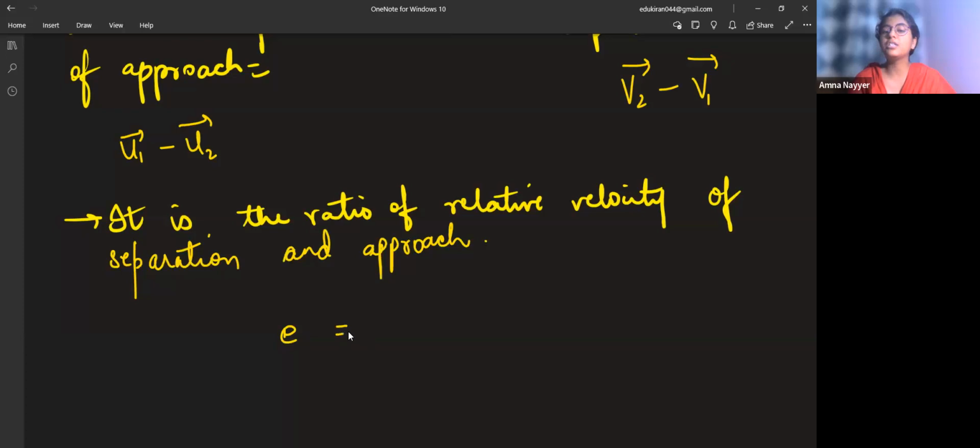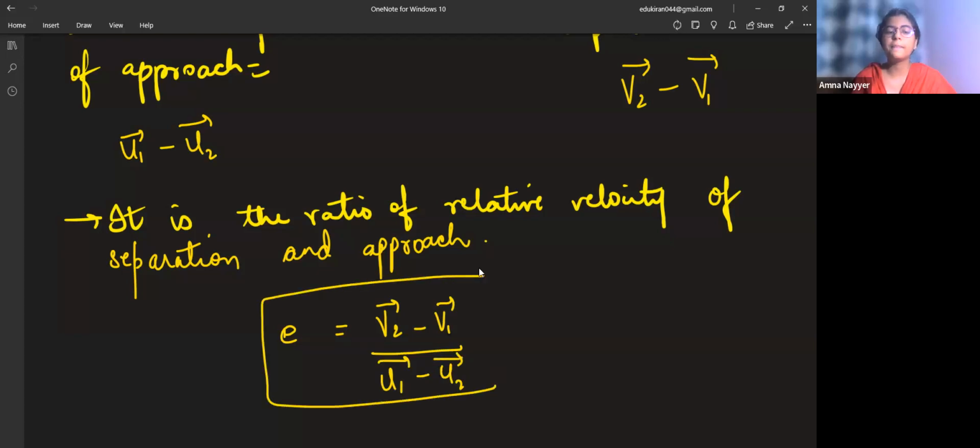So E, which is known as the coefficient of restitution, is the ratio of relative velocity of separation, that is V2 minus V1, to relative velocity of approach, U1 minus U2. This is the coefficient of restitution.